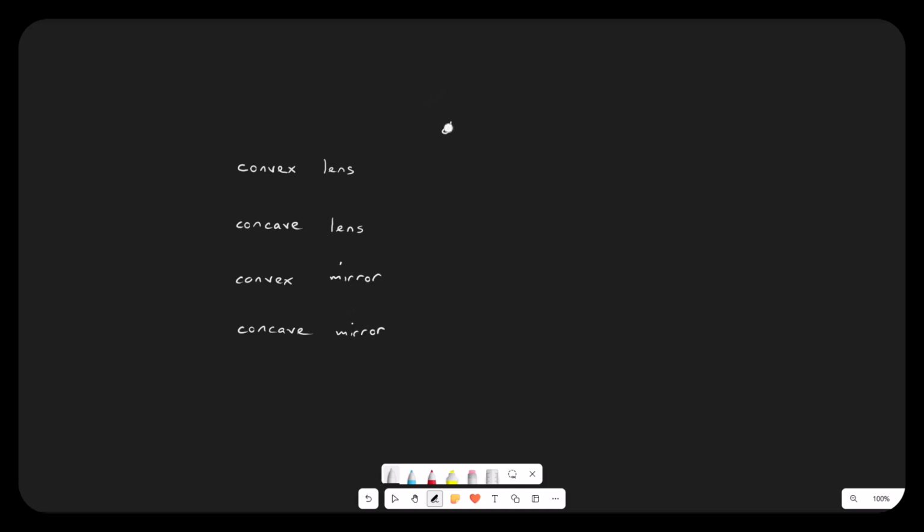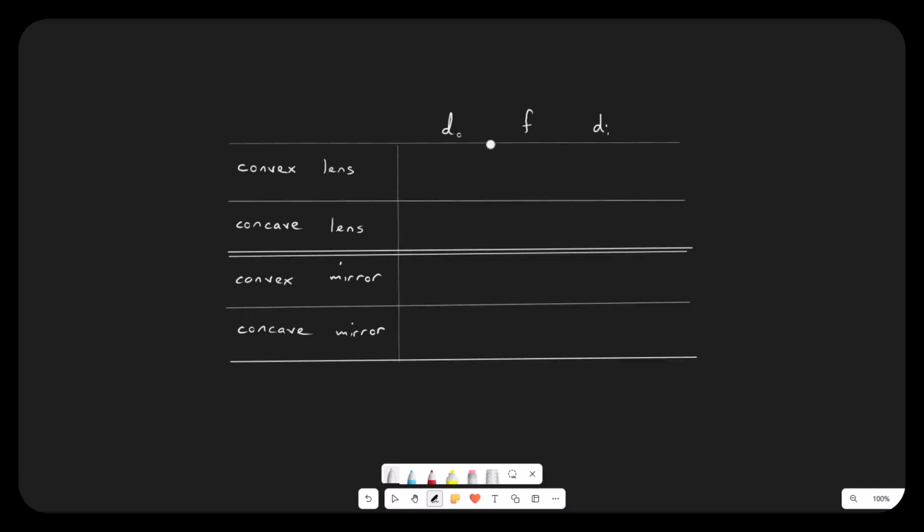And let's go DO, F, and DI. So I've got the makings of a table. Here we go. Positive, positive, positive, positive.